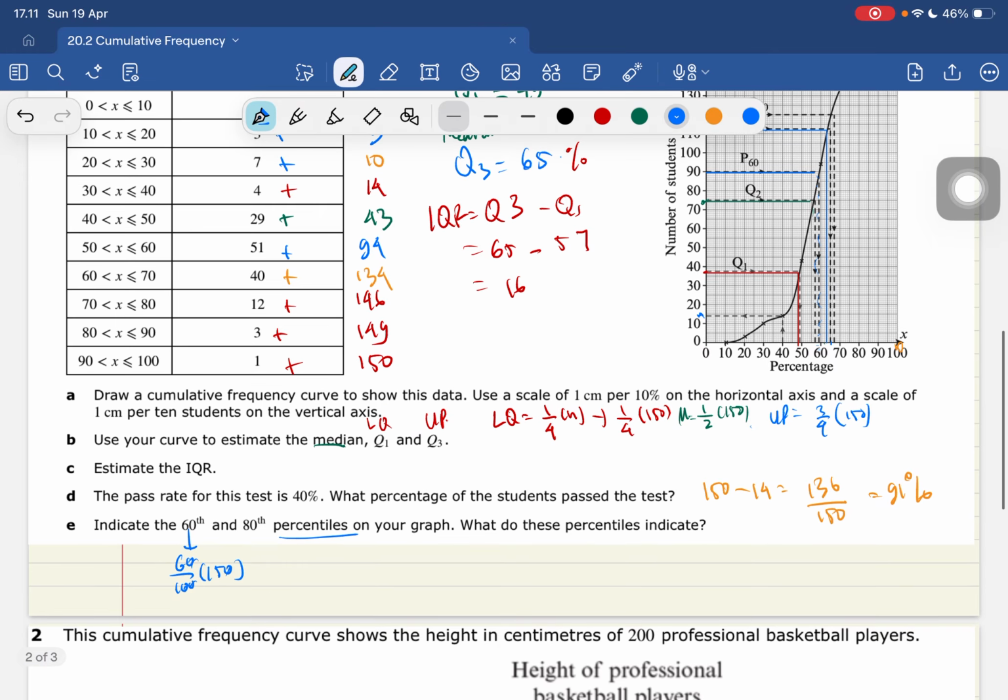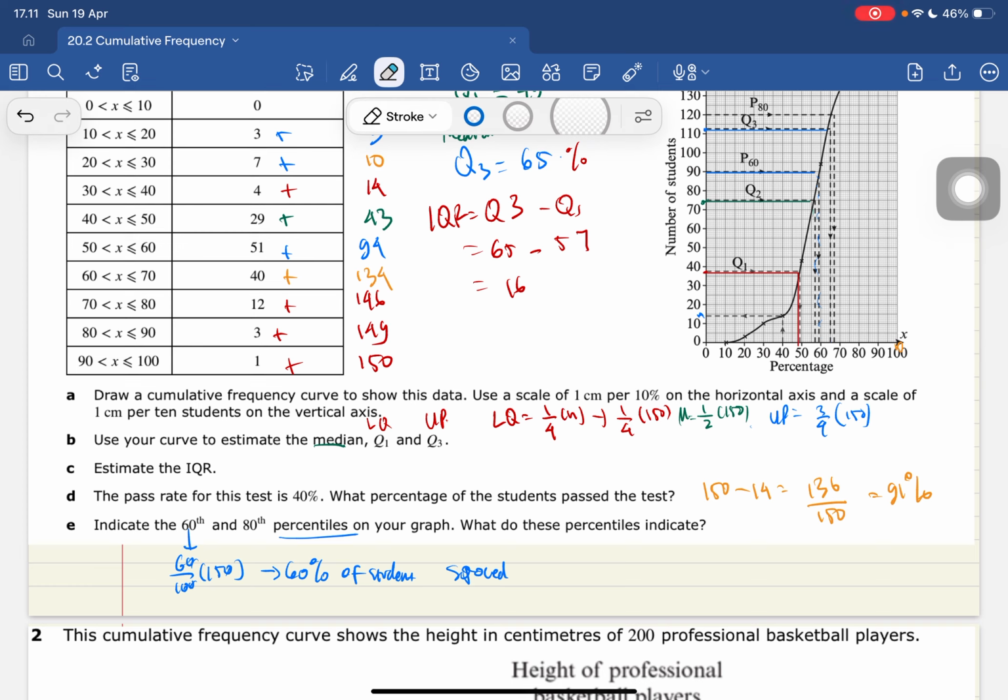We can see this indicates 60% of students scored 59 or less.